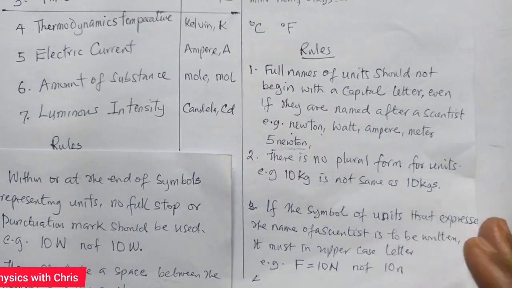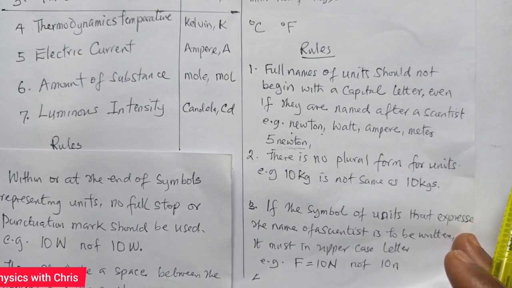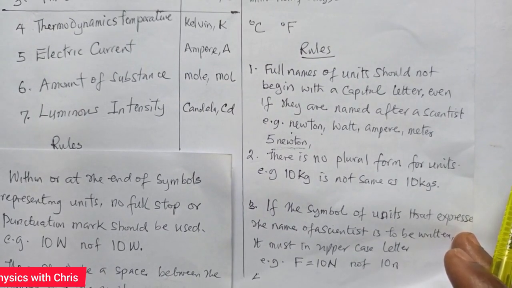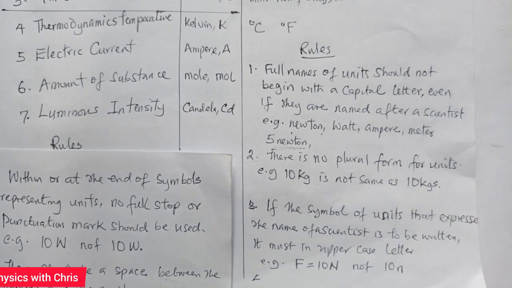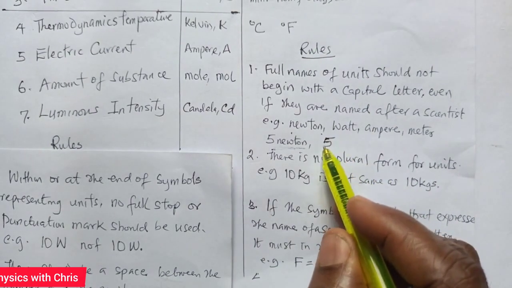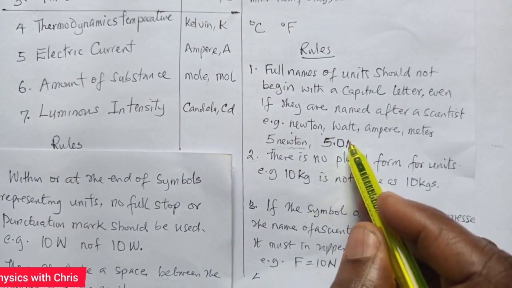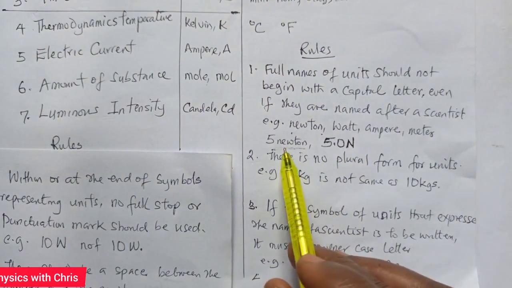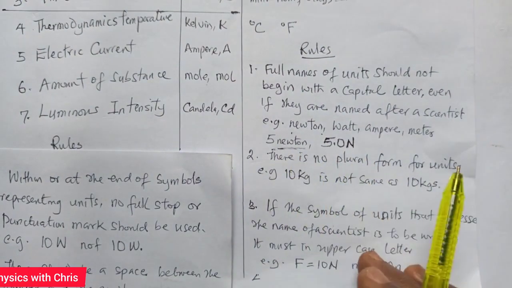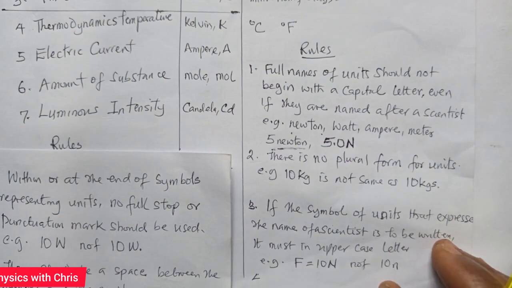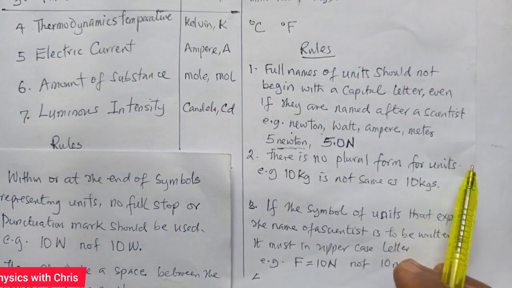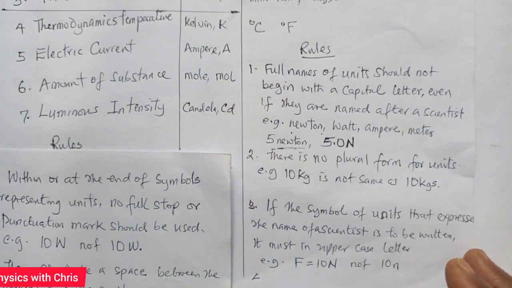Of course, this rule contradicts what we learned in English language, that the name of a person is a proper noun, so it should begin with a capital letter, but not so in physics. Except if you want to use the symbol for newton, then it must be in uppercase. But if you must write the name in full, you must use lowercase letters. The same applies to units like watt, ampere, and meter.